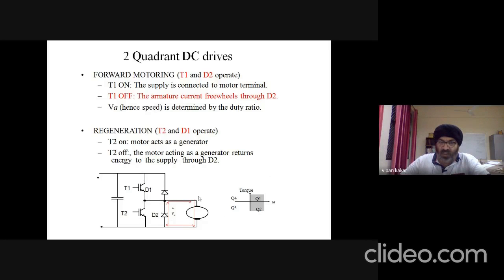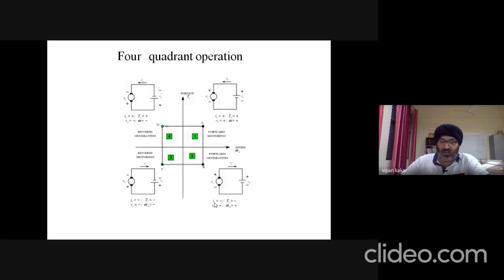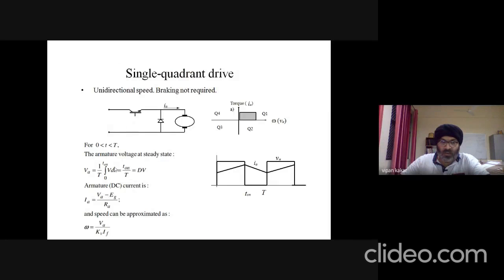So just by increasing or decreasing the turn on time of T1, we can find out the value of VA, which is equal to dV. So VA will be calculated using this equation, duty cycle multiplied by the supplied voltage. So that will be our armature voltage, 0 to T1, because for T off it is 0.